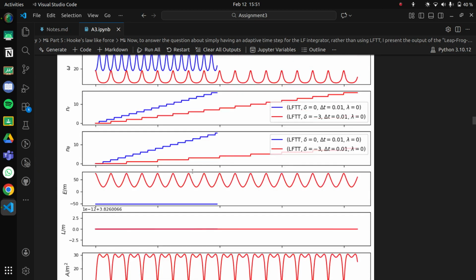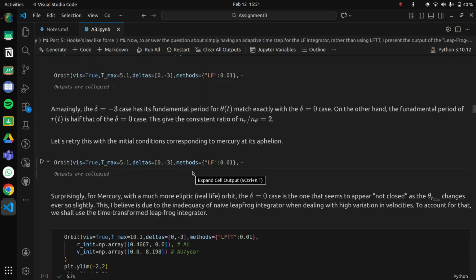So the same parameters, which means you have to set the T max to 10.1.